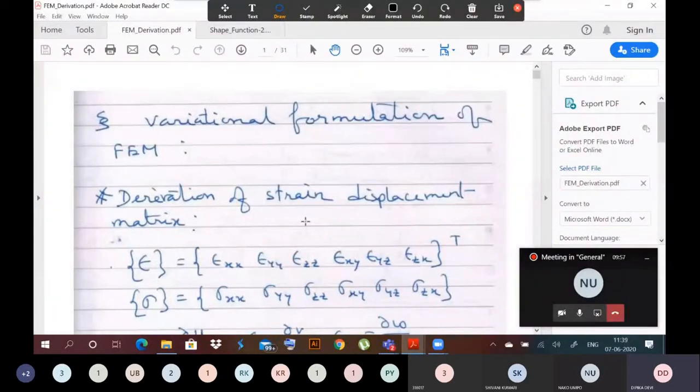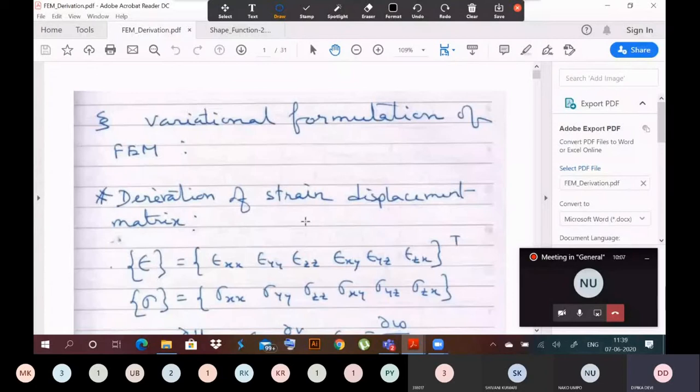Whatever approximation will be applied in the analysis, that will be applied to the whole domain. For example, in Rayleigh-Ritz and Galerkin's, we have approximated the displacement using a polynomial. Then we solve for that polynomial. So that polynomial, whatever solution we got, was applicable for the whole domain. But in FEM, what will happen?